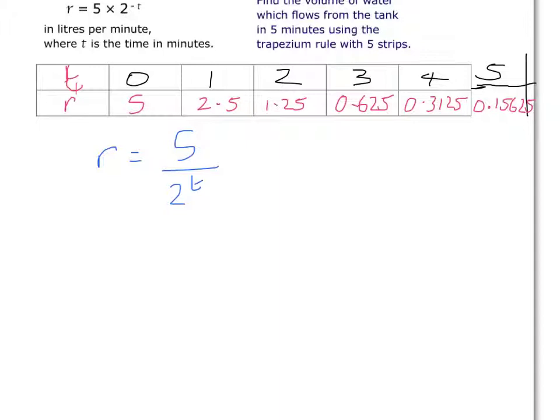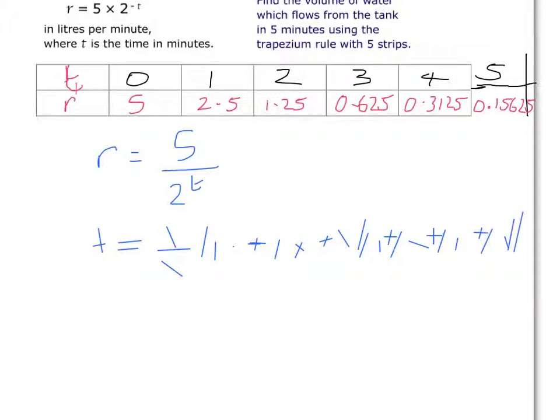In our case here, the area is going to be h over 2 for y0 plus y5, well, our n in this situation is going to be 5, plus 2 lots of y1 plus y2 plus y3 plus y4. If we're substituting our values, the height in this situation is 1, because the gap between all our t values is 1.